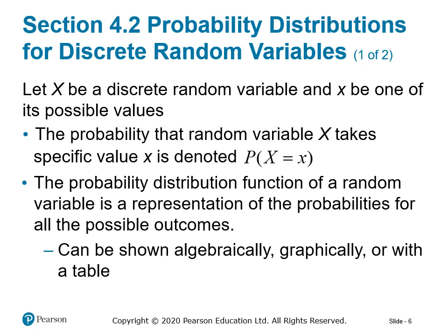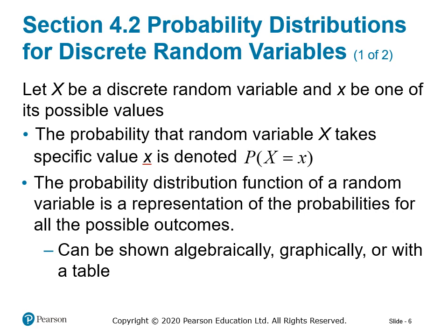Right? So now we're going to let X be a discrete random variable, capital X, and we're going to let small x be one of the values in capital X. The probability that a random variable X takes on a specific value, small x, is denoted by the probability that capital X equals small x.